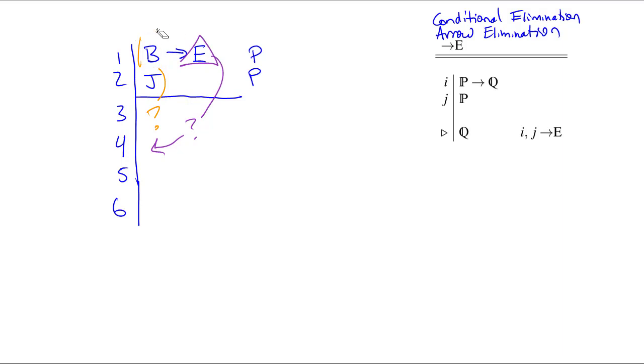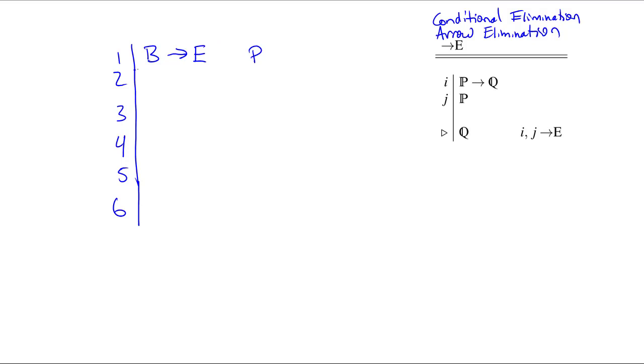So when you have a conditional, pretty much the only thing you're going to be able to do with it at this point is to look for something matching the antecedent, and then that will get you the consequent. But if you don't have that, you're never going to be able to get that consequent out of there.